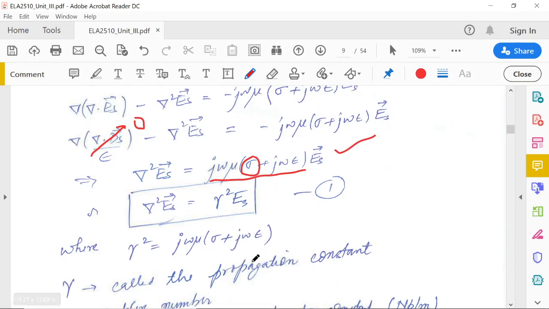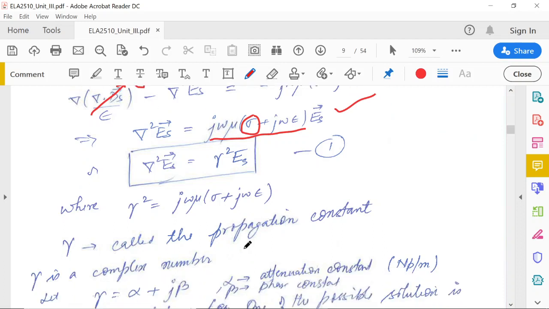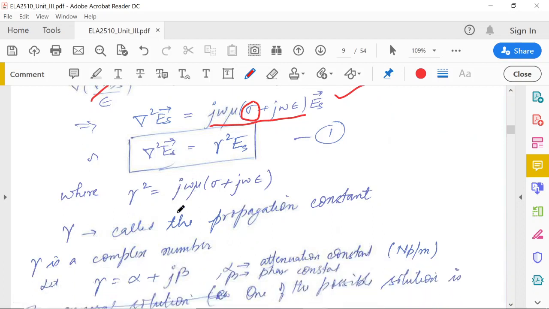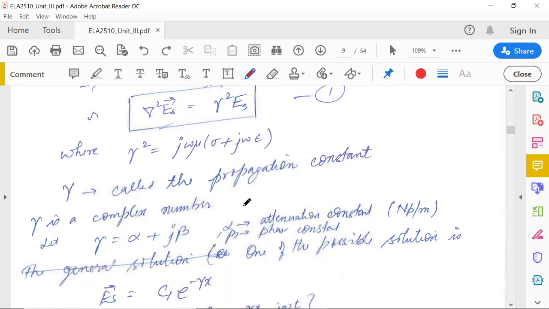This is called the propagation constant, and it is complex because we have the j terms. When you take the square root, it will still give you some real and imaginary part. So this quantity, the propagation constant, is complex in nature.